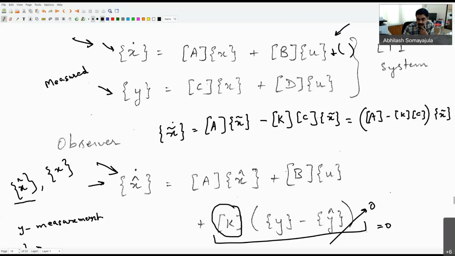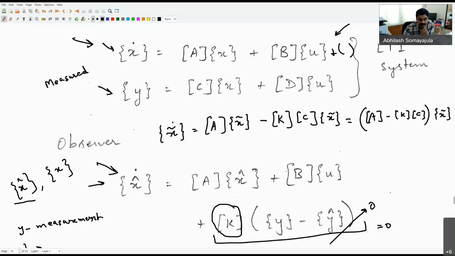Is everybody with me so far? Now you can see that as long as the eigenvalues of this matrix are real and negative, or have a negative real component, then this error will go down to 0 over time. Everybody with me so far? When will the error be 0?